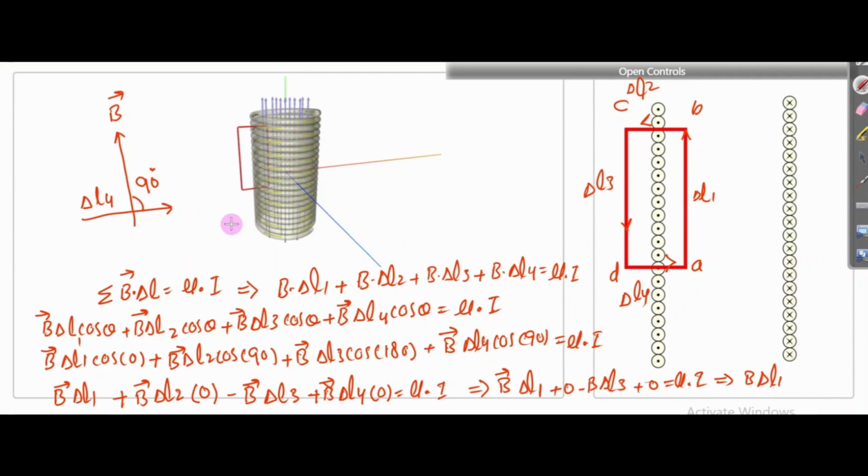So on the left side of this equation only B del L1 will be present, and on the right side it will be equal to mu naught times I.